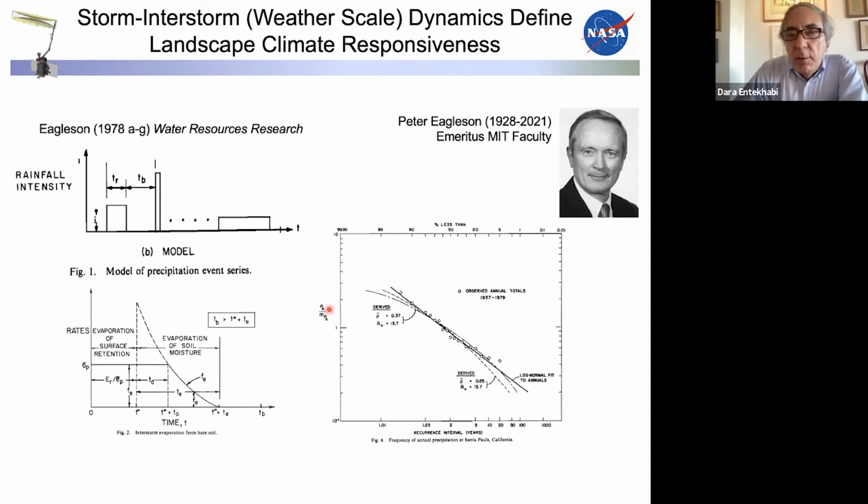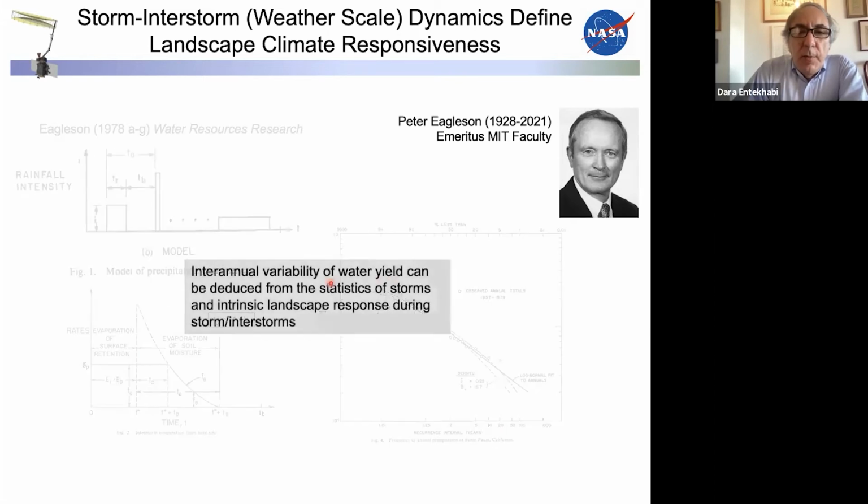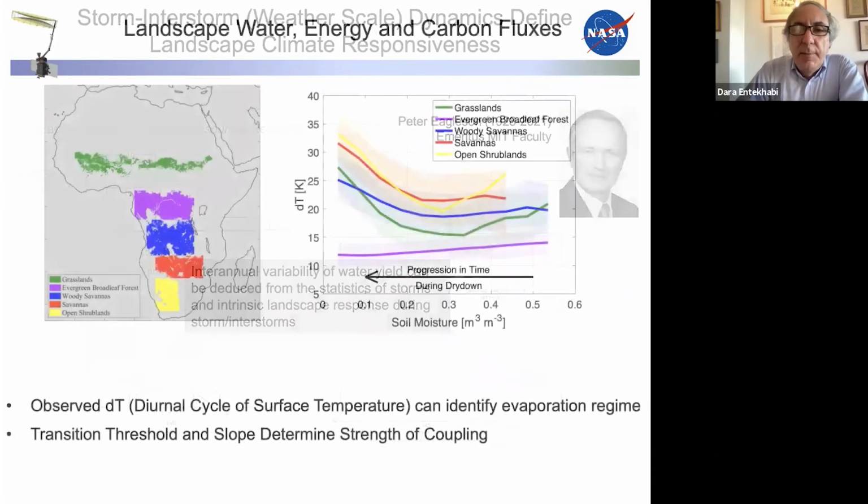This is, again, runoff recurrence interval, or CDF. So what he showed was that interannual variability of water yield can be deduced by assembling statistics of storms and this weather scale intrinsic landscape response during storms and interstorms. So you can build up from storm to storm behavior what's going on in terms of interannual variability.